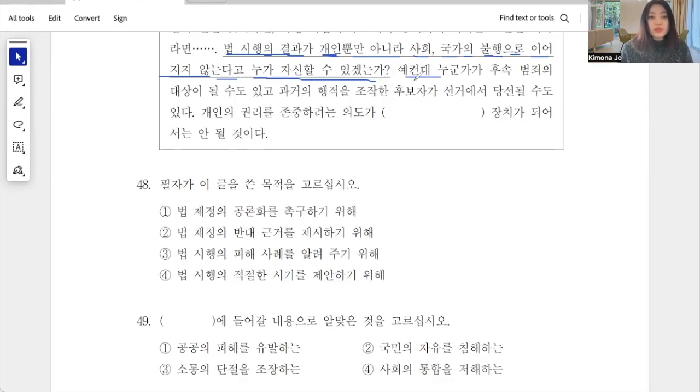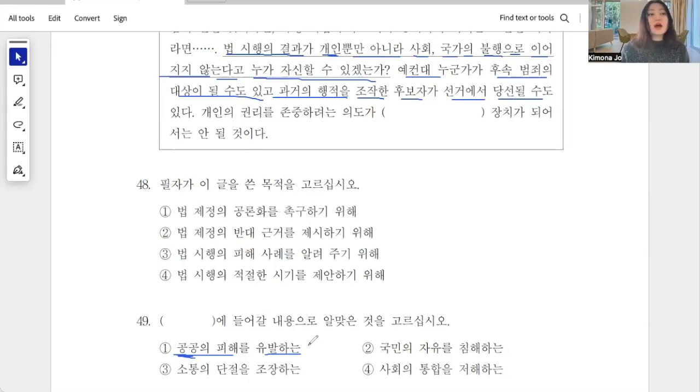For example, it can be a target of the following crime, and a candidate who manipulated his past career or past achievements might be elected at an election. So it can cause damage to the public. Yeah, it can be public or the individual too, but it says public, so it's a part of that 피해, part of the damage. Okay, so this is the right answer.